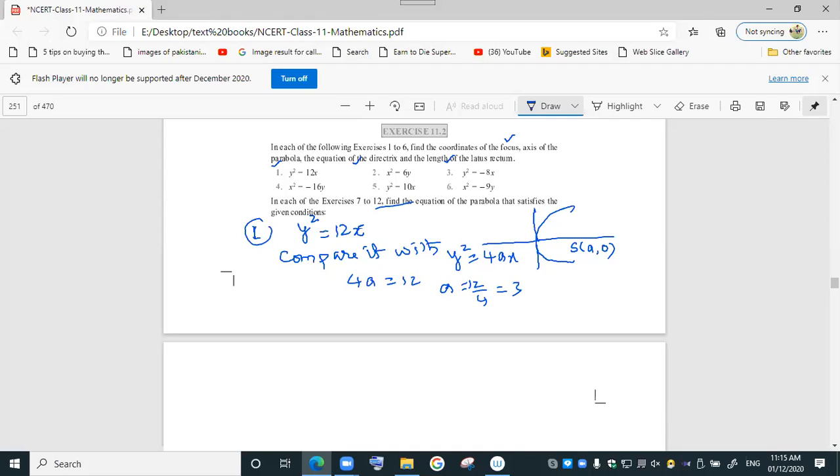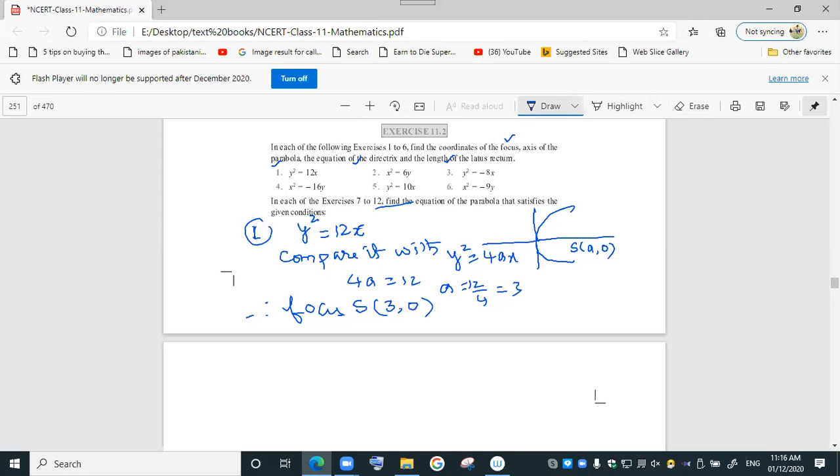They have asked to find the coordinates of the focus. Therefore, we will write here focus, denoted by S generally, 3, 0. Okay, focus is 3 and 0.